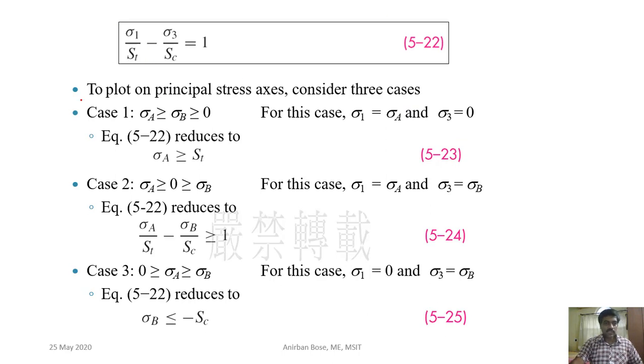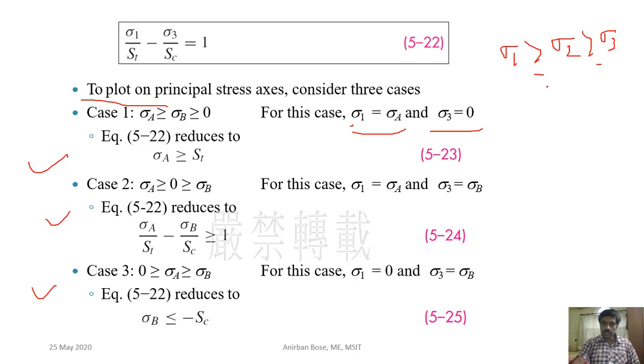Now for the plane stress, we can again consider sigma A, sigma B for 3 different cases, and accordingly we can create these cases. By now you have understood how we decide which one is sigma 1 and which one is sigma 3. Remember that sigma 1 is greater than sigma 2 is greater than sigma 3.